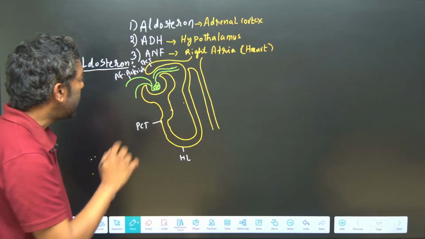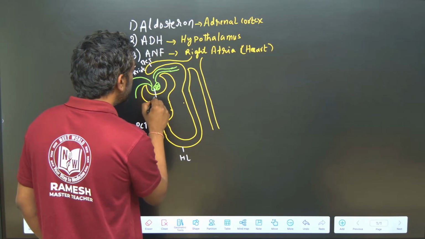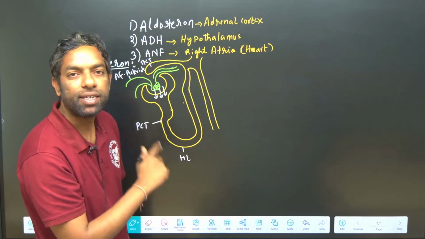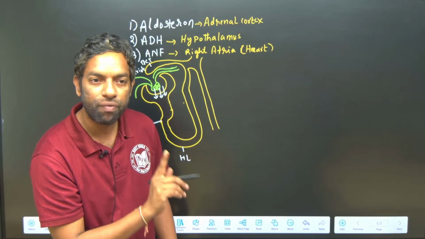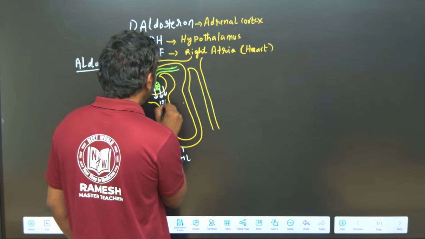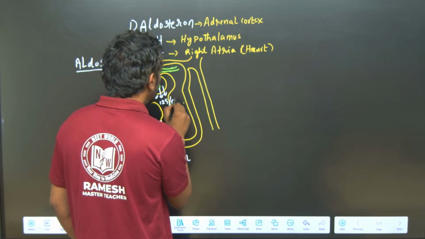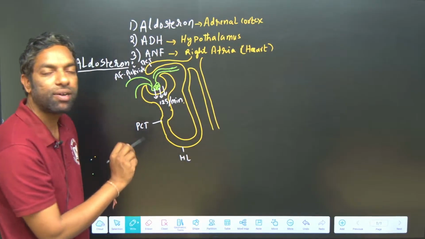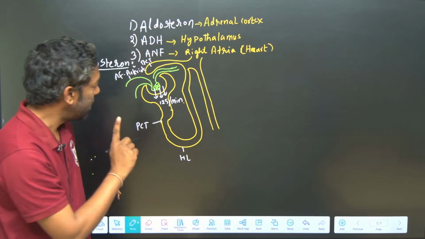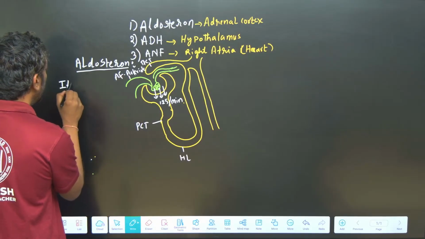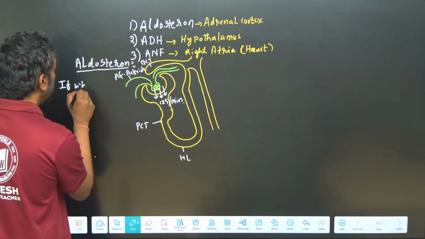Guys, in urine formation, glomerular filtration is the first step. This is the glomerular filtration, 125 ml per minute.